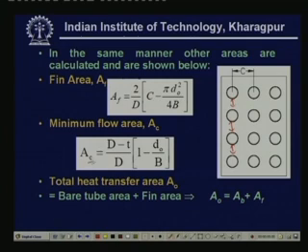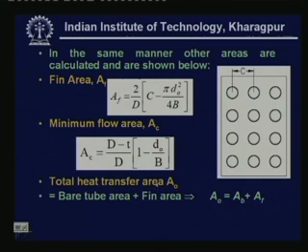So, the expression for that is given by A subscript C is equal to capital D minus T by D into 1 minus D O by B. Okay, and the total heat transfer area A subscript O is bare tube area plus fin area, that is AB plus AF. So, if you know all these parameters like C, capital D, small do, B, etc., you can calculate all these areas per meter square face area per row.